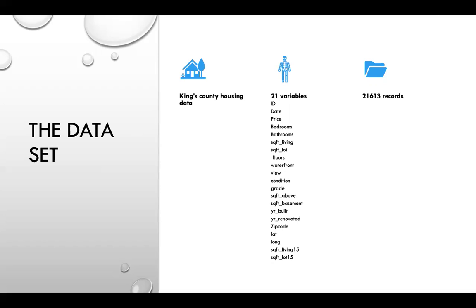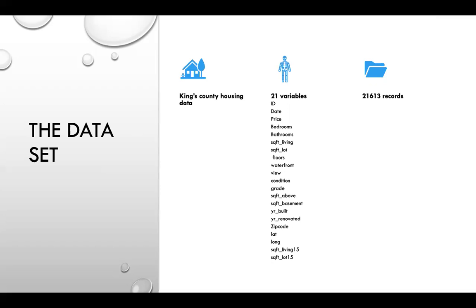I'd like to quickly discuss these variables and tell you what they mean. The first one is ID, which is a unique ID assigned by Kings County for each of their houses. The date is the date of the home sale. The price is the price of each home sold. Bedrooms is self-explanatory, it's the number of bedrooms, and so is the number of bathrooms in the house.